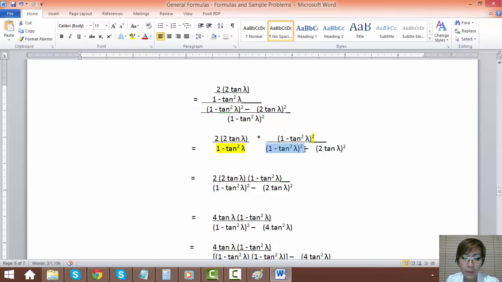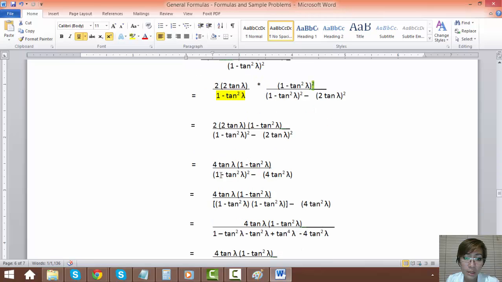We have to multiply 1 times 1 first, which results in 1. Then 1 times negative tangent squared lambda results in negative tangent squared lambda. Then negative tangent squared lambda times 1 results in negative tangent squared lambda. Last, tangent squared lambda times negative tangent squared lambda results in positive tangent to the fourth power lambda, and then minus 4 tangent squared lambda.